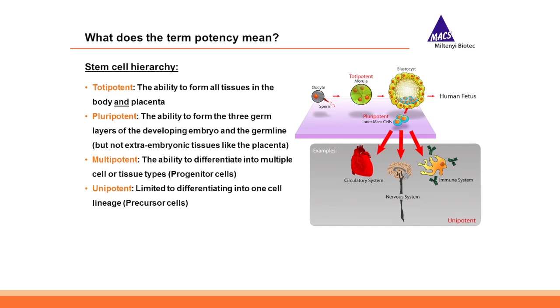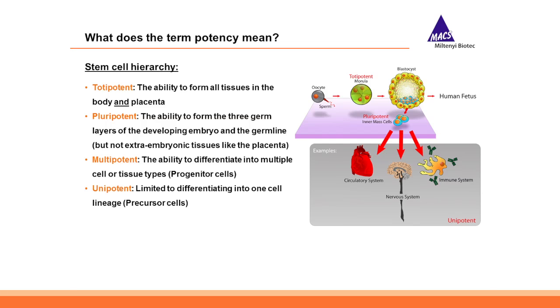This means that all cells inside the morula are able to form not just the embryo itself, but also extra-embryonal tissue. If you go further in the development, the next feature is pluripotency. This is the ability of the embryonal stem cells to form the three germ layers, as displayed here.